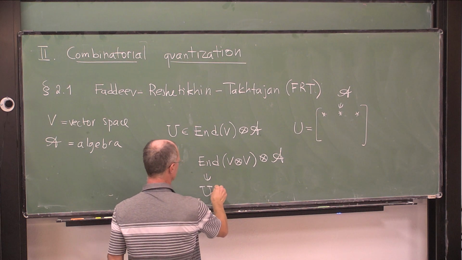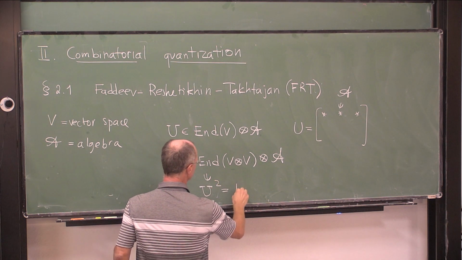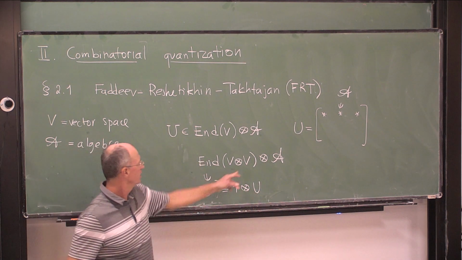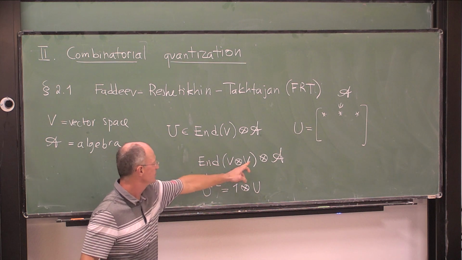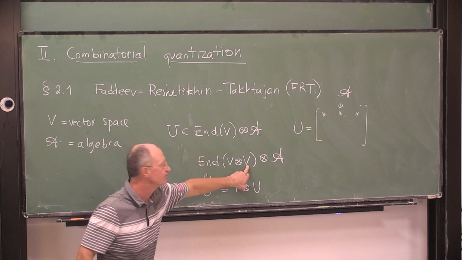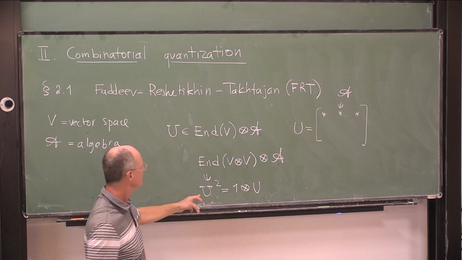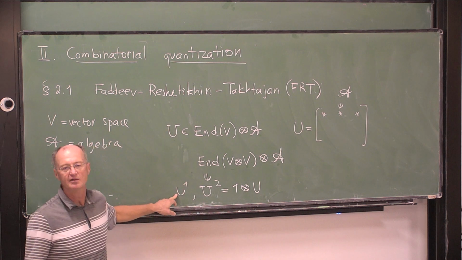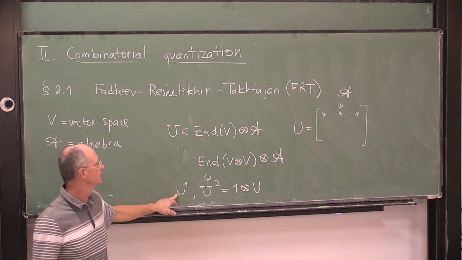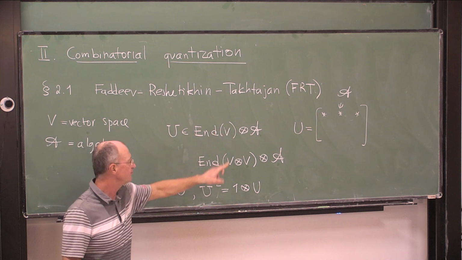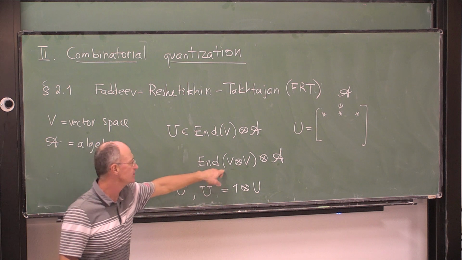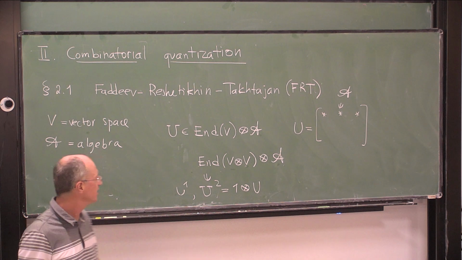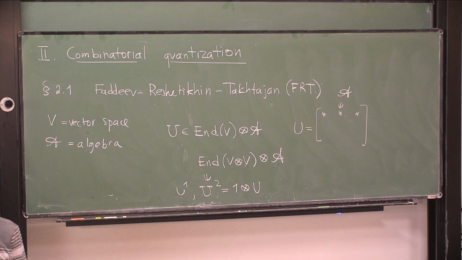Let me start with U2, this is 1 tensor U. So we take U which lives in endomorphisms of the second V, and in A. And now, for the same reasons as before, I don't write U1, because here you need to put the part which lives in the endomorphisms of the first V, tensor 1, tensor A. So that's a bit similar to what we were doing before.